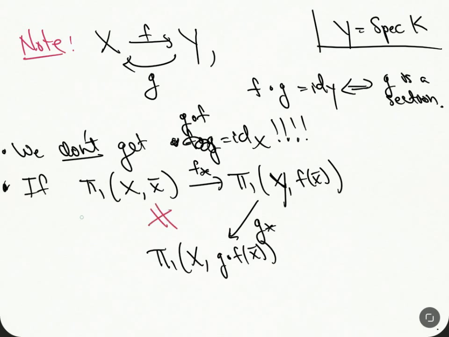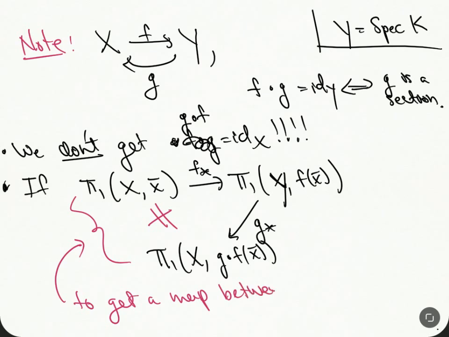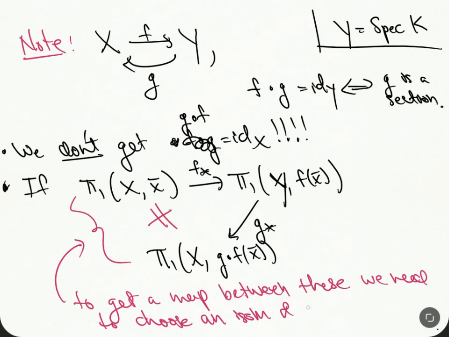And so to get a map between them, we need to choose an isomorphism, and deal with indeterminacy, with only having this as an outer isomorphism.